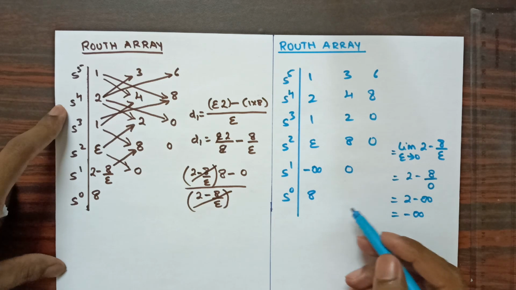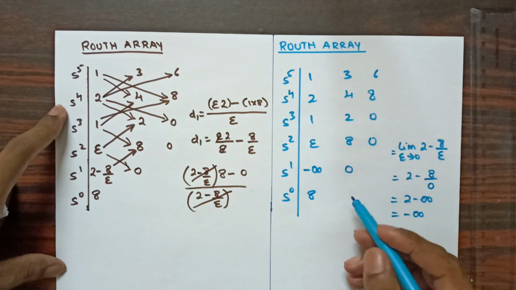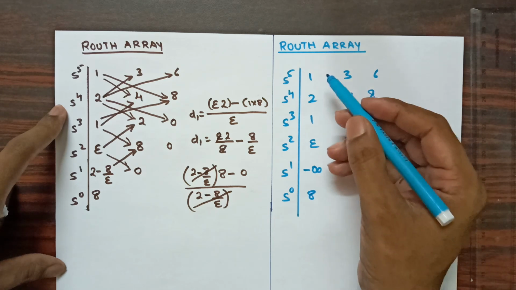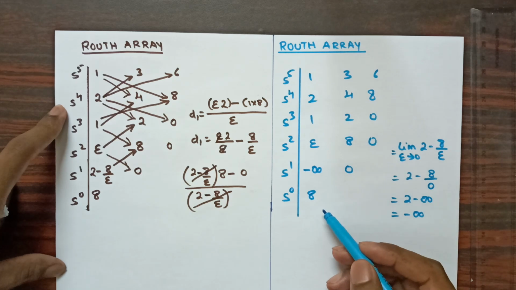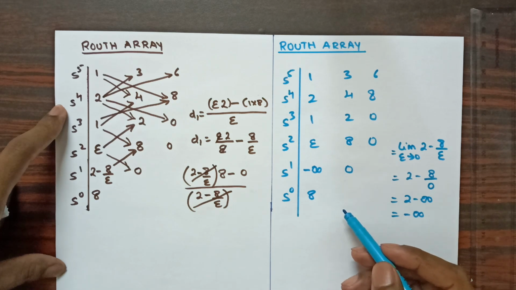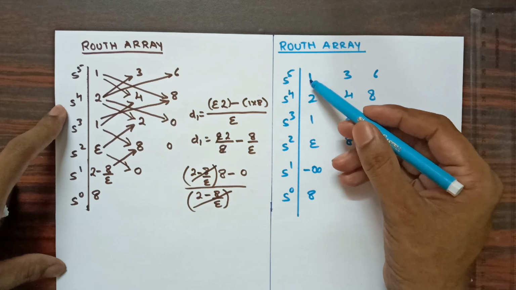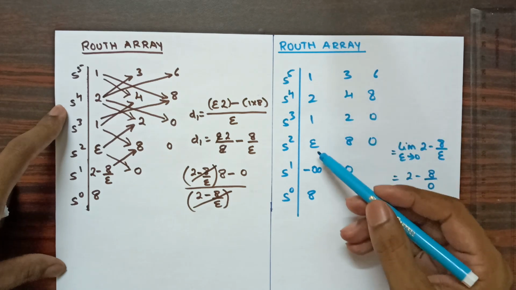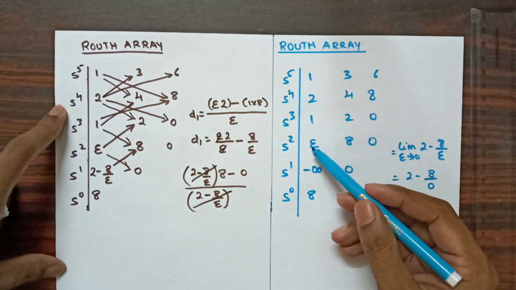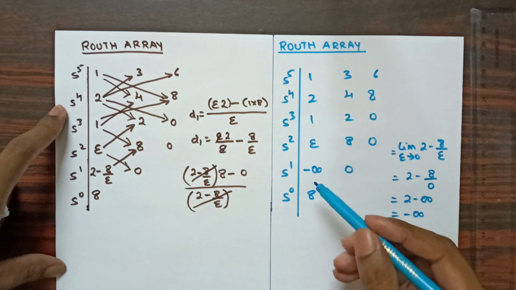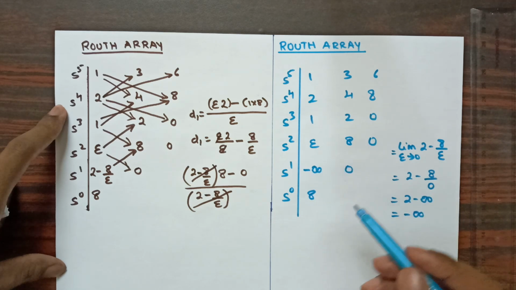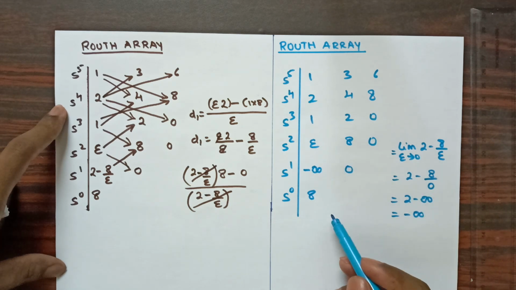Now to comment on stability, we have to see the first column. If all the coefficients are of the same sign, then the system is said to be stable. If even one sign change occurs, then the system becomes unstable. In this you can see I am having positive coefficients, and here positive to negative is 1 sign change, negative to positive is 2 sign changes.